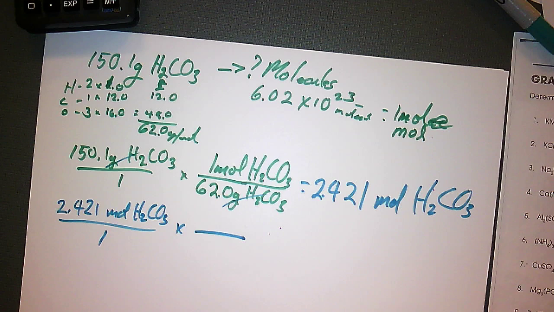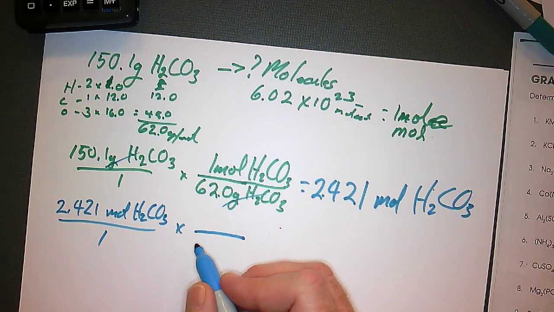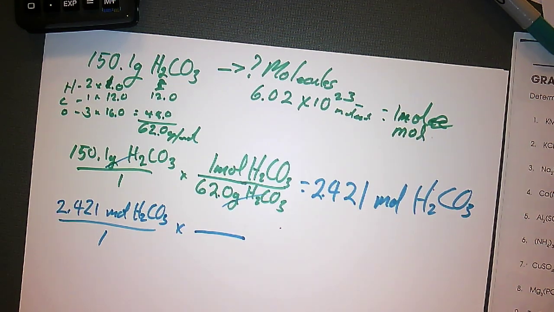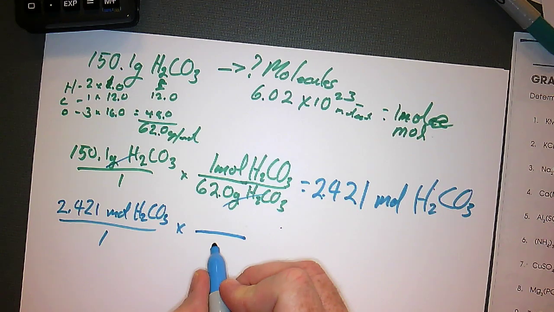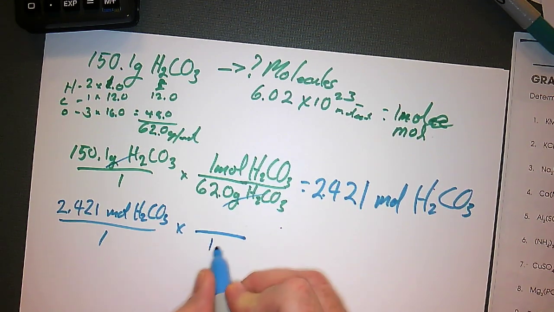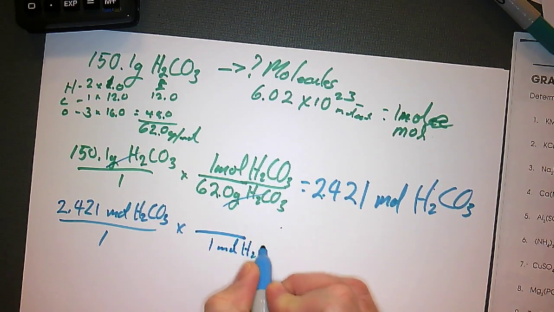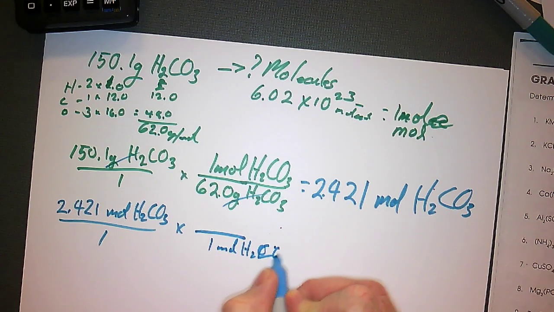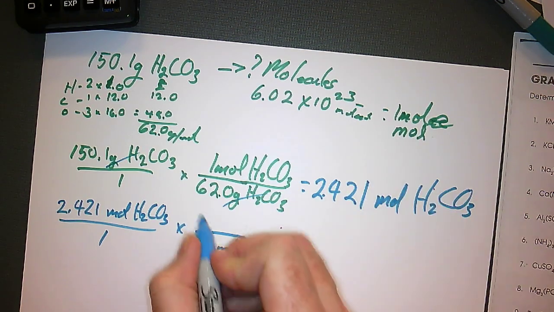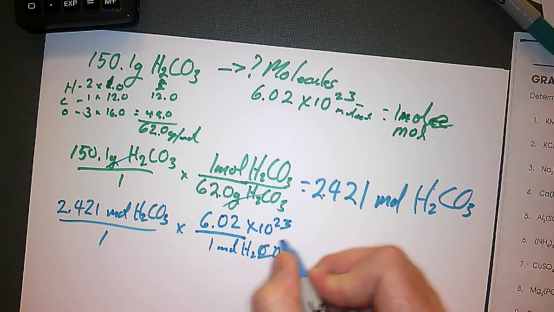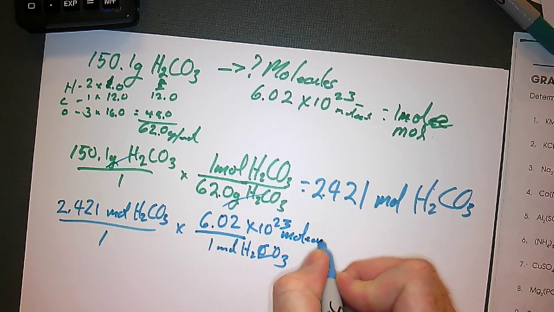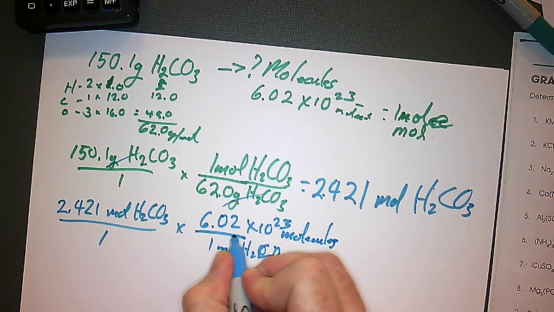You did that one in biology, right? Water plus carbon dioxide gives us sugar and oxygen, and then you do the whole balancing. So 1 mole H2CO3 goes on the bottom, and the molecules is 6.02 times 10 to the 23rd molecules.